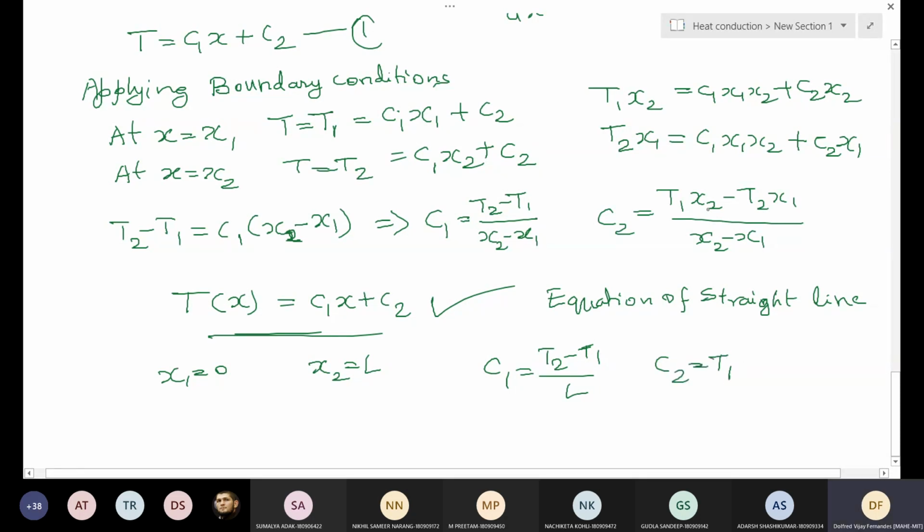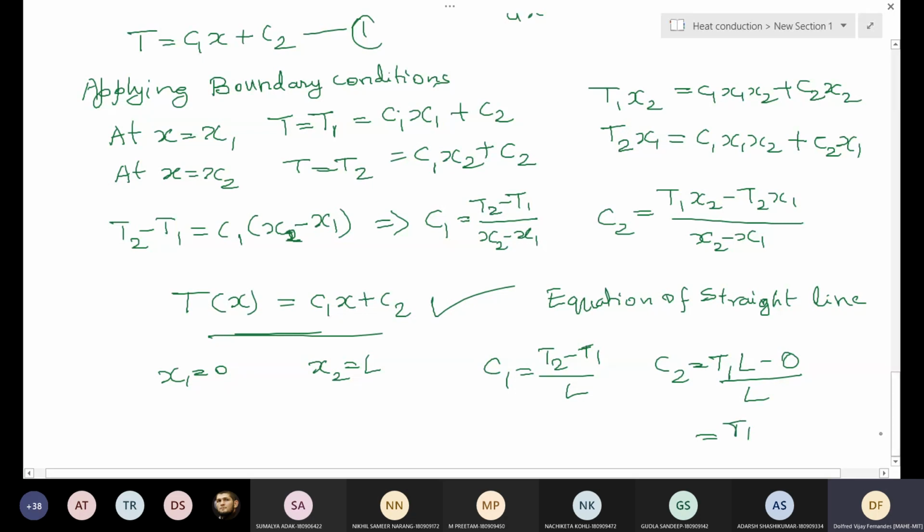You can check it. X2 will be L, x1 will be 0. So T1 L minus 0 divided by L, that is L minus 0, L. So you will have T1.